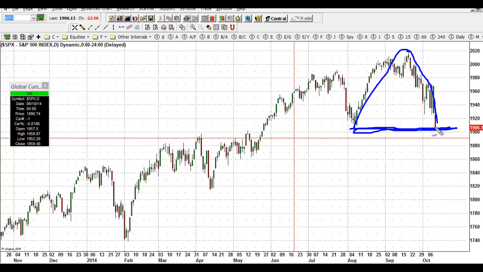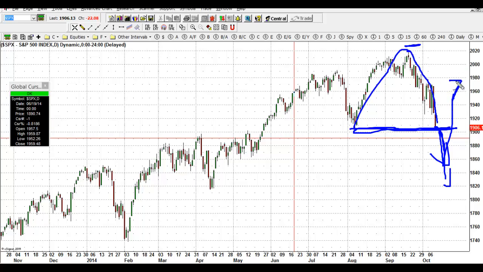So if the market breaks below 1900, we could see either of two things happen. The market could decline pretty rapidly, or it may break down and retest this area of support and even come up into this area, and then it would be a matter to see if a new high can be made.